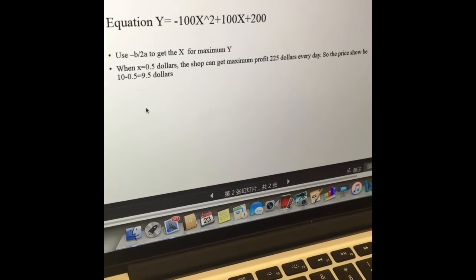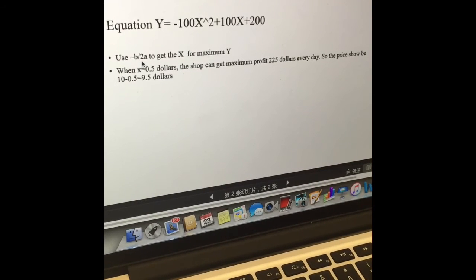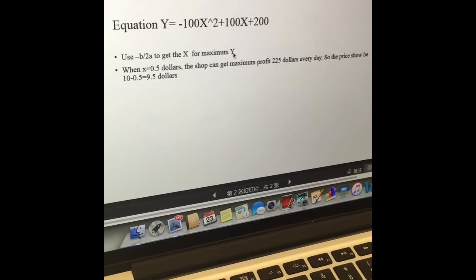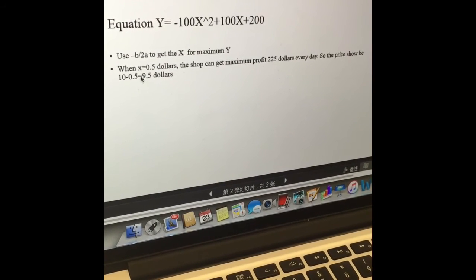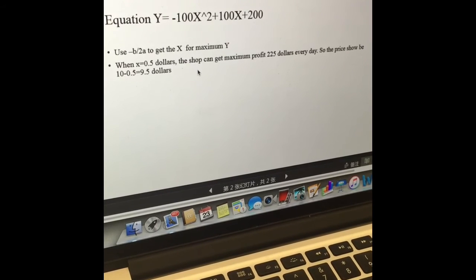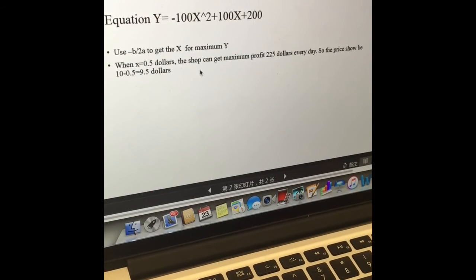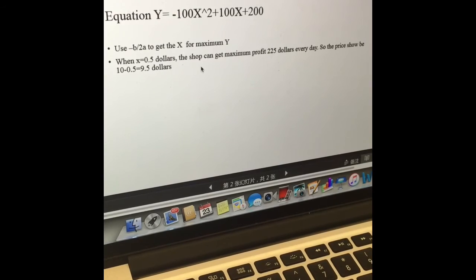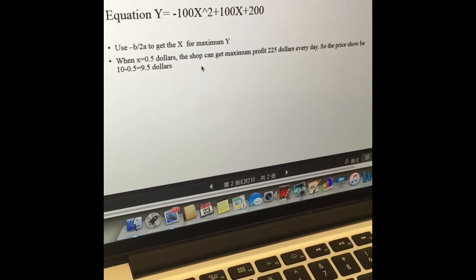We use negative b divided by 2a to get the x for maximum y. So when x equals $0.5, the shop can get a maximum profit of $225 every day, and the price should be $9.5.